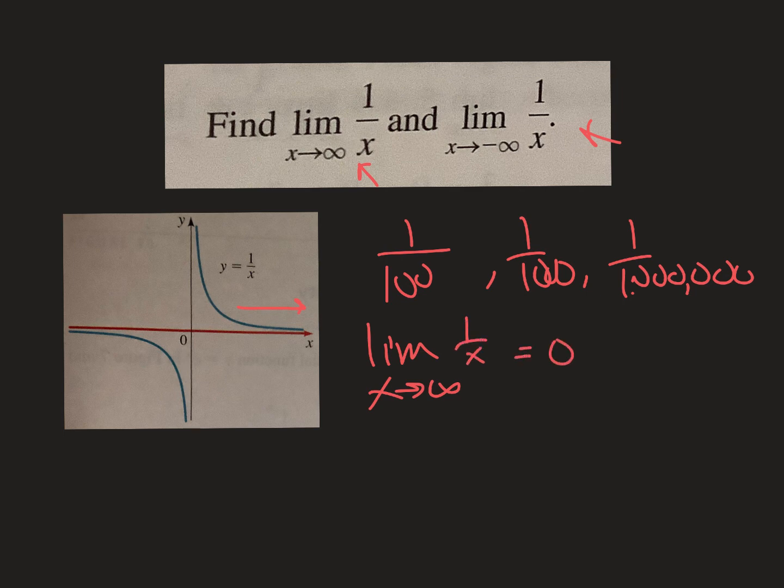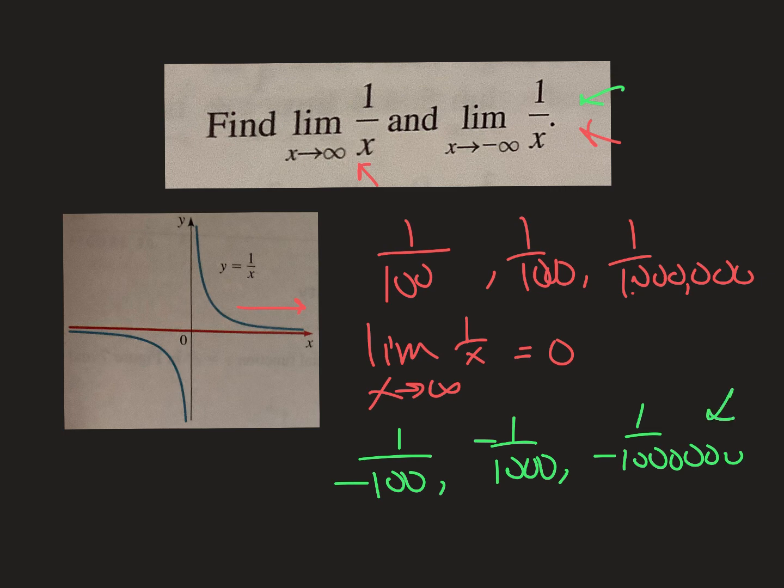Let's do the same thing with the negative side. If I start putting in large negative numbers like negative 100, negative 1,000, negative 1,000,000, then the question becomes, what's happening to the value of the function? The answer is it's getting closer and closer to 0 again, arbitrarily close to 0. Look at the graph.